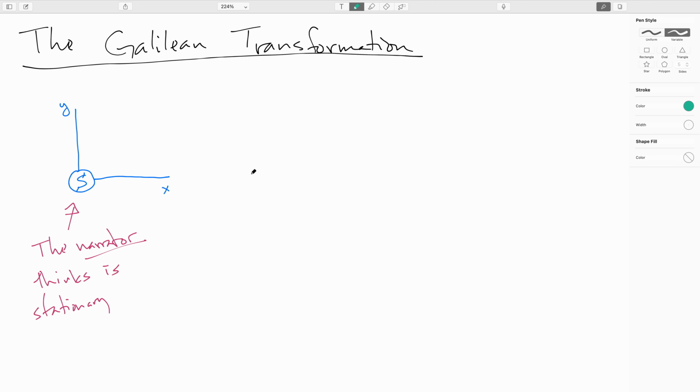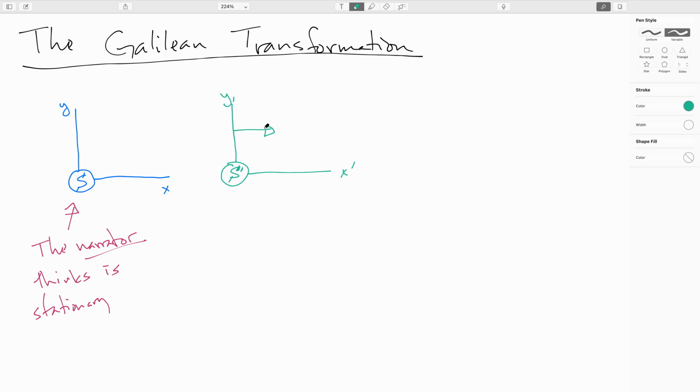And then the observer that the narrator thinks is moving will get named S prime. And their coordinate system will be X prime and Y prime like that.